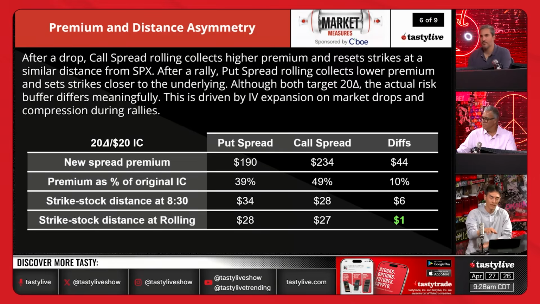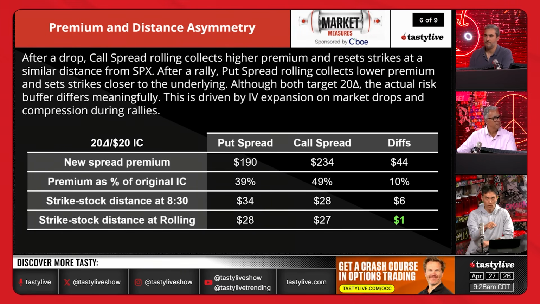And more amazing, when I saw this one this weekend, is that when you roll up your call and put spread, we want to see the new distance, the break-even point between the stock price and the newly rolled short strike. For the short put, the new distance is actually $6 shorter than your original put spread. Yeah, it's reasonable, right?